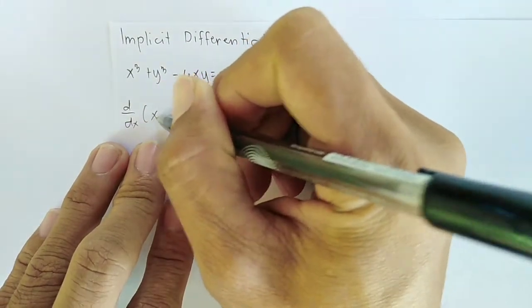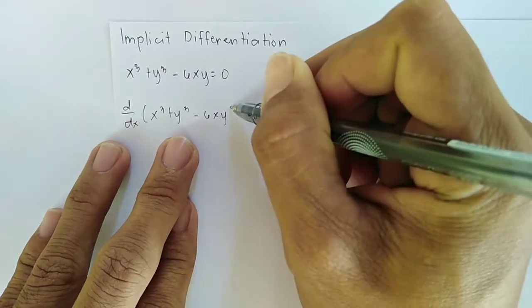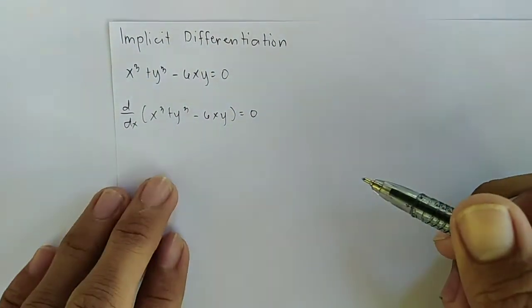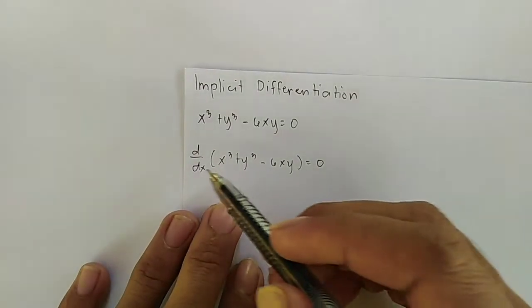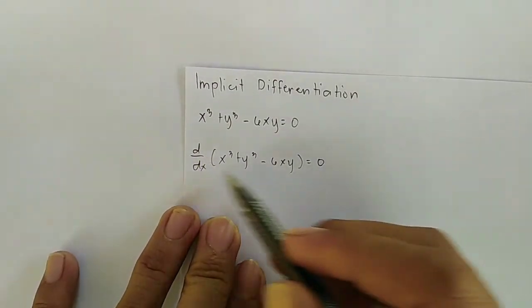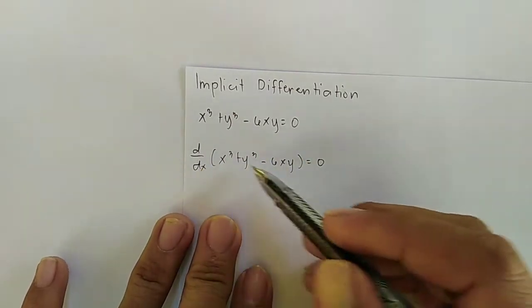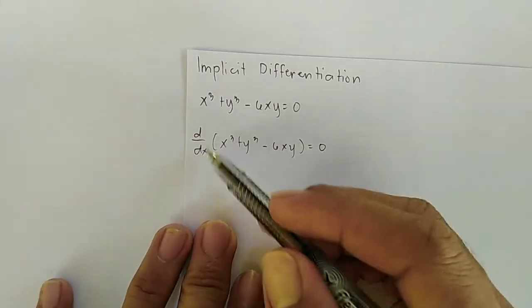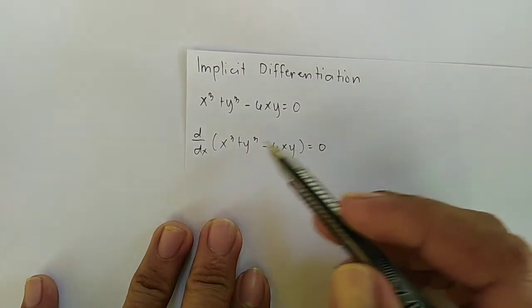After expressing this in terms of getting the derivative of the equation, just simply distribute the notation for the derivative into each term of the equation.